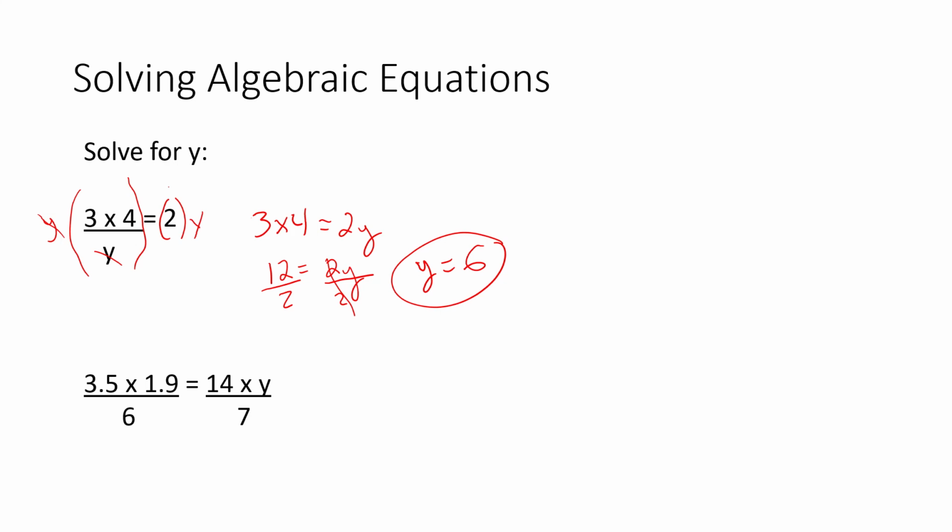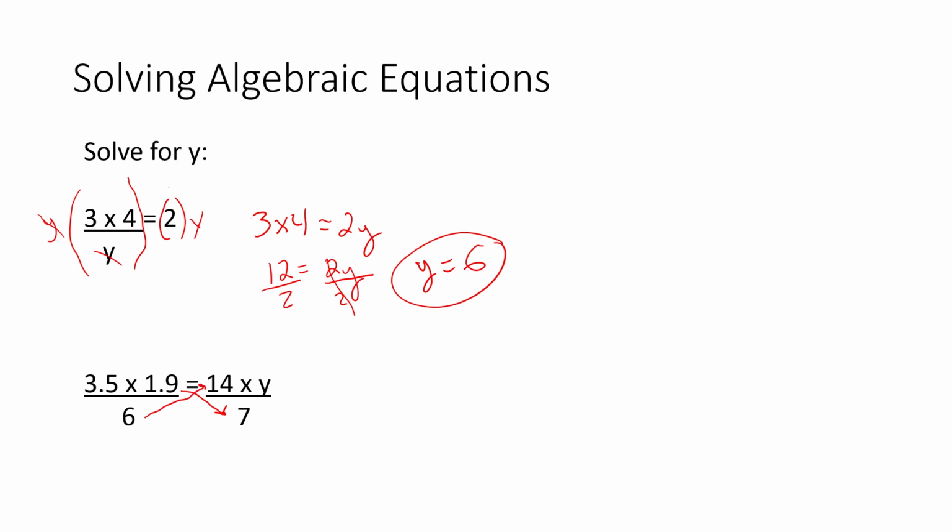Now this one is a pretty complex problem, and we will be encountering a problem like this, especially when we get to the gas laws and we start to calculate the combined gas law. In order to solve this, the easiest way is by cross multiplying. Since we have numerator and denominator on both sides, we multiply the top here by the bottom over here and set that equal to the bottom over here times the top over here.